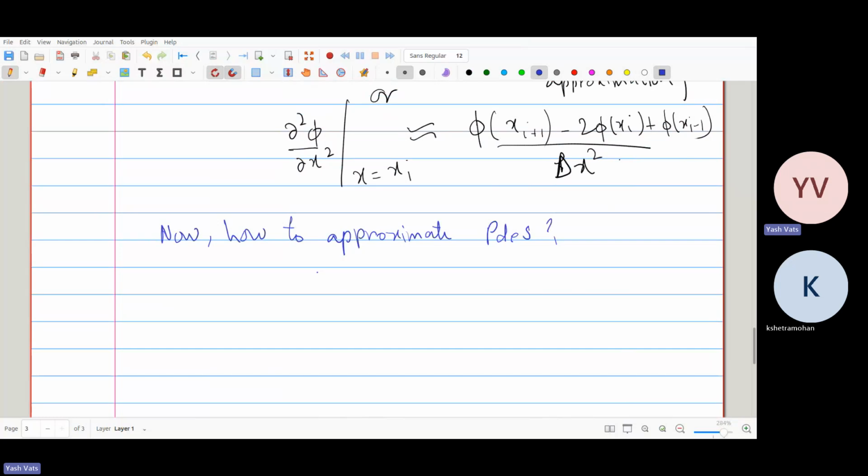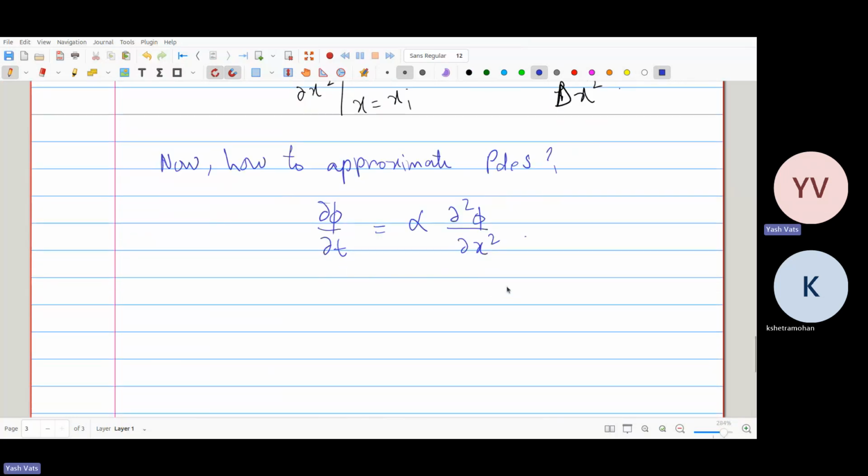I start with the heat equation, in a similar way, that is given by this. So how do we approximate this? Which scheme would be good? He's mentioning forward in time and backward in space.